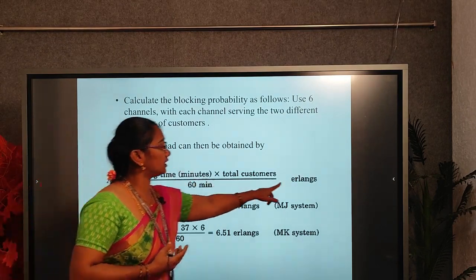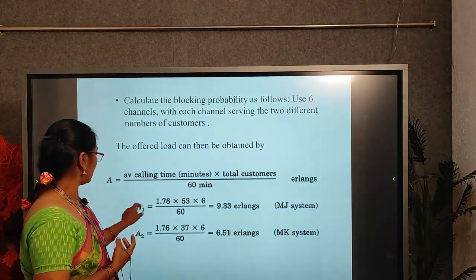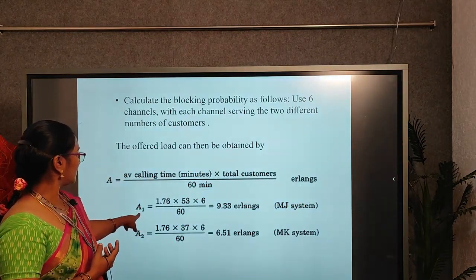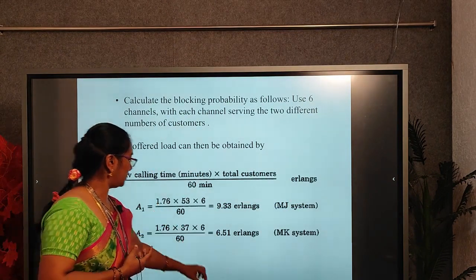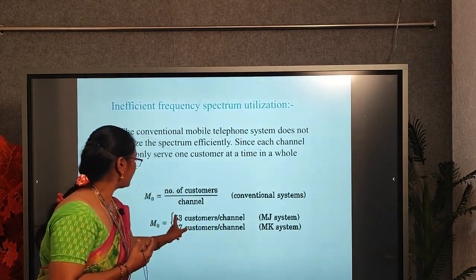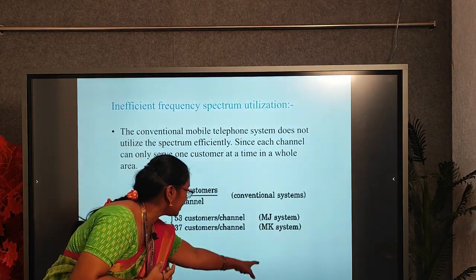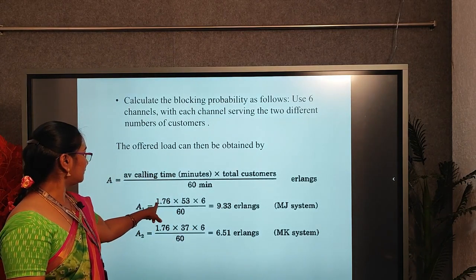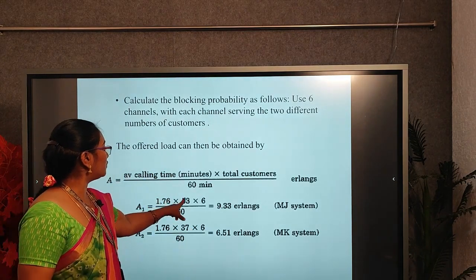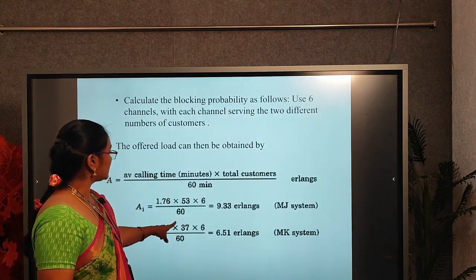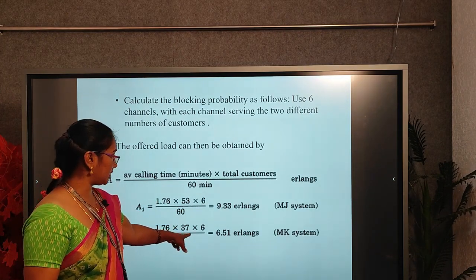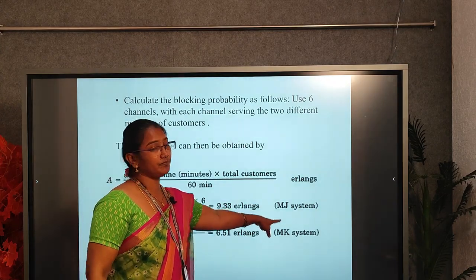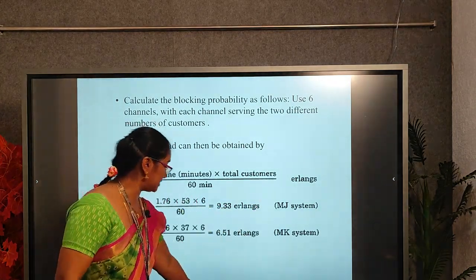The units are erlangs. The offered loads A1 and A2 are for two different systems: 53 and 37 customers, so 1.76 times 53 times 6 divided by 60, and the same with 37. So different erlangs result for different systems.